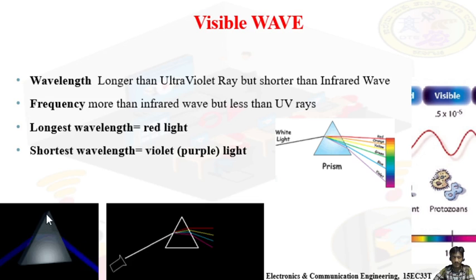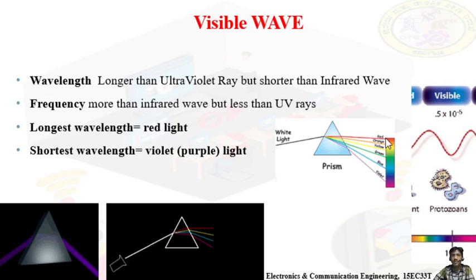You can see this animation when you pass light onto the prism. It starts to produce this type of color.